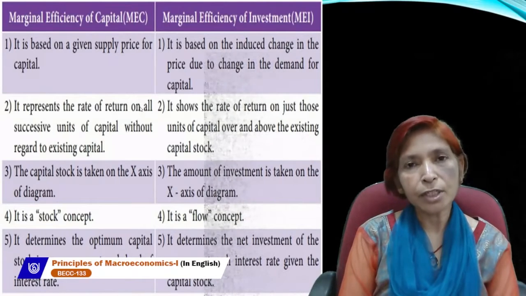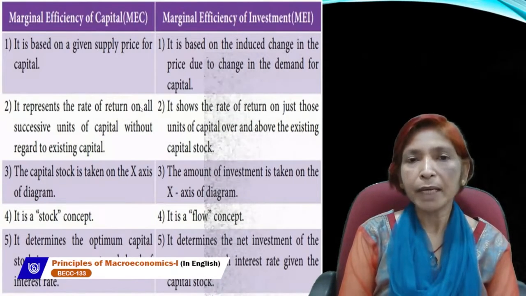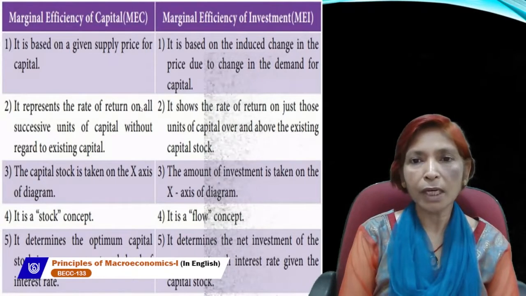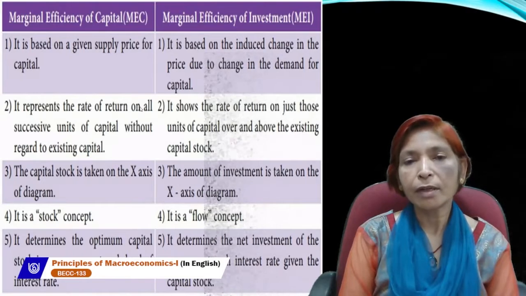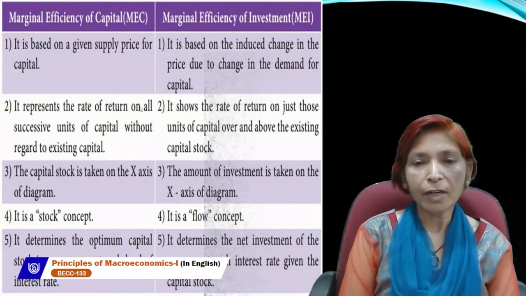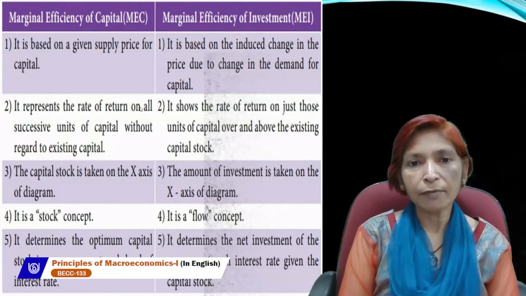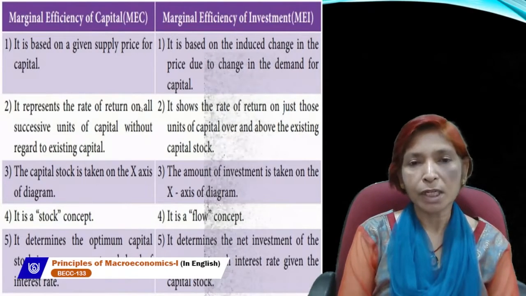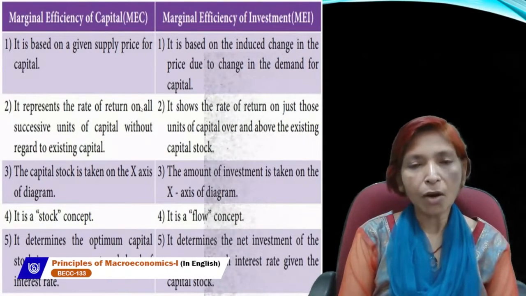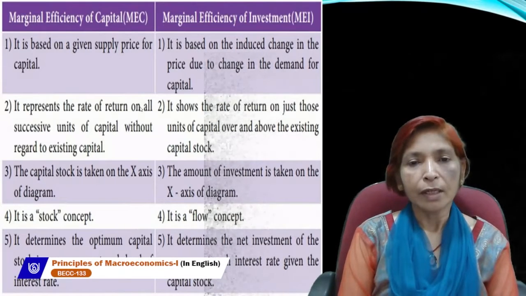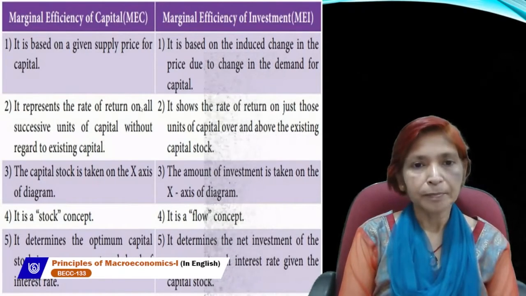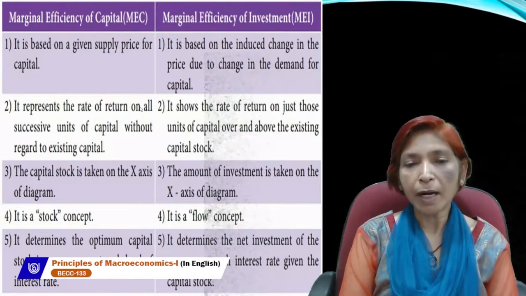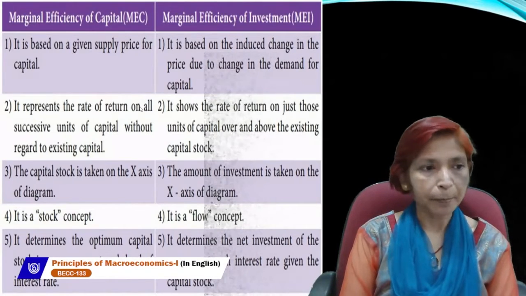And marginal efficiency of investment is based on the induced change in the price due to the change in demand for capital. If our demand increases, then marginal efficiency of investment will increase. It is based on induced change. Induced means motivated, or positively related with the price. And demand is always inversely related with price.